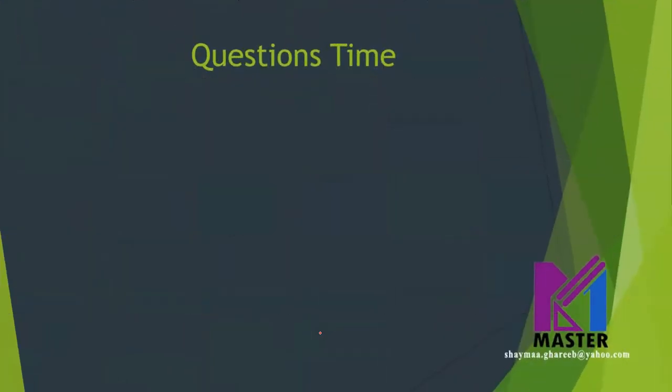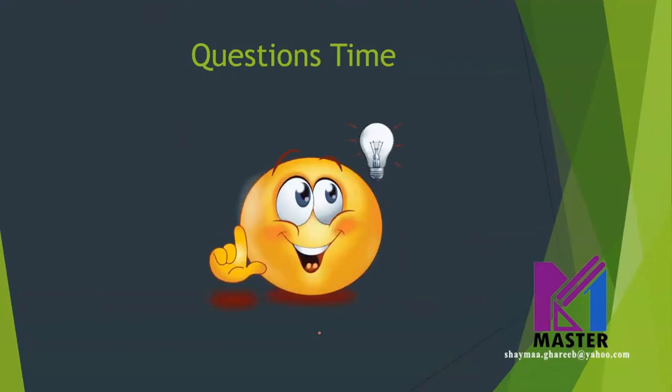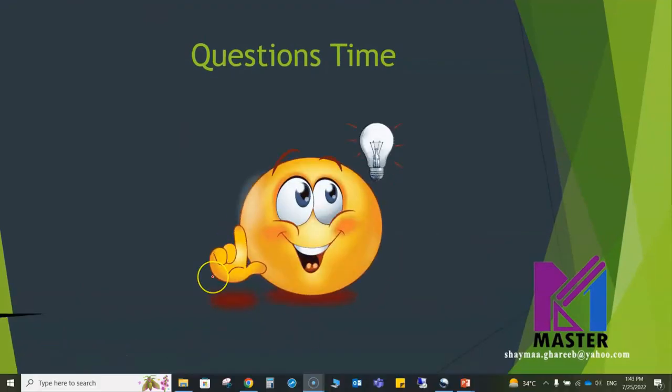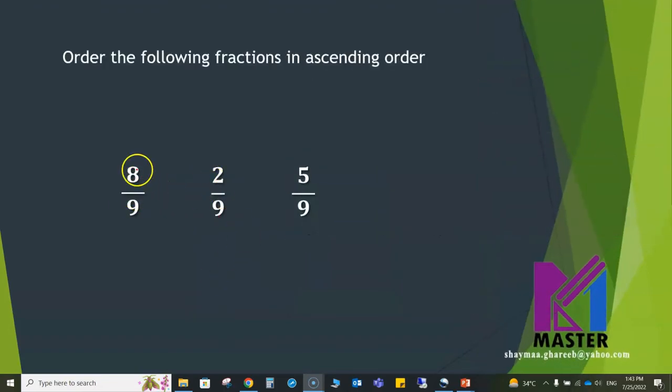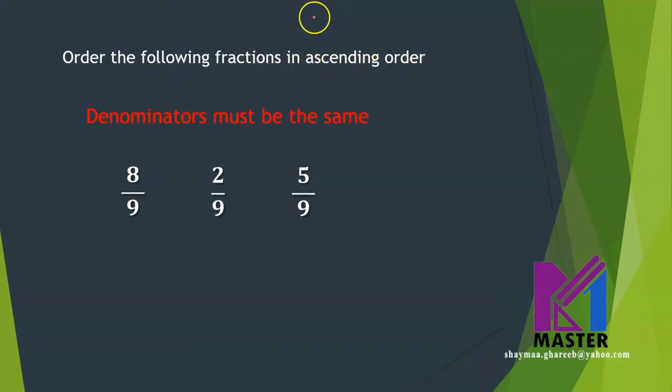Now, questions time. Are you ready? Let's go. I have here 3 fractions, 8 over 9, 2 over 9, and 5 over 9. Order the following fractions in ascending order. Ascending means start with the smallest fraction.